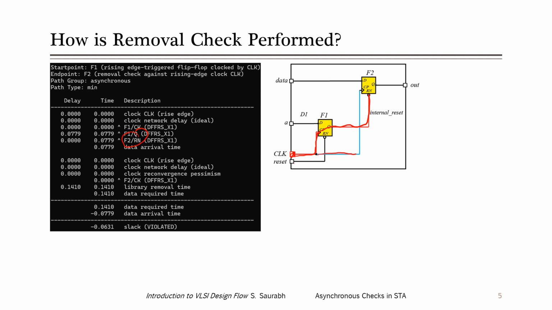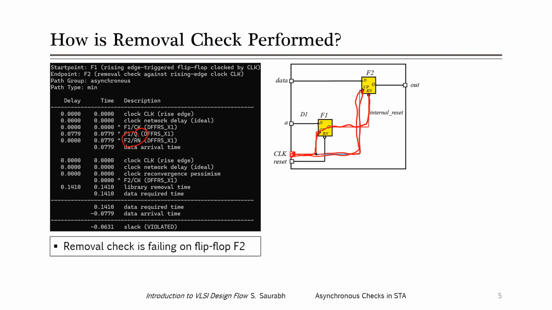This is what is shown in blue, from here to here, the capture path. Now in this case, what is happening is that the removal check is failing on the flip-flop F2, meaning that the reset signal is coming too early, too early after the clock edge.